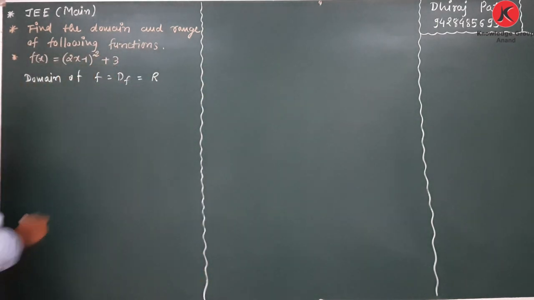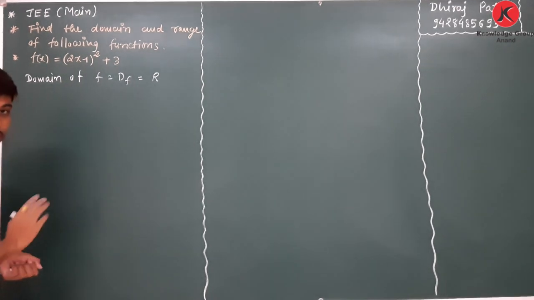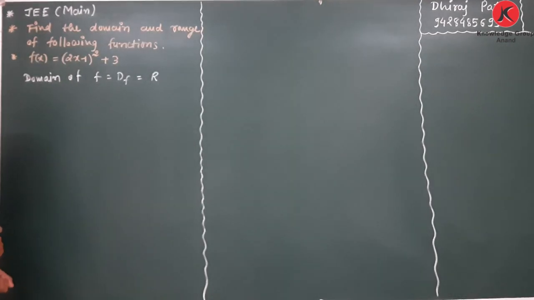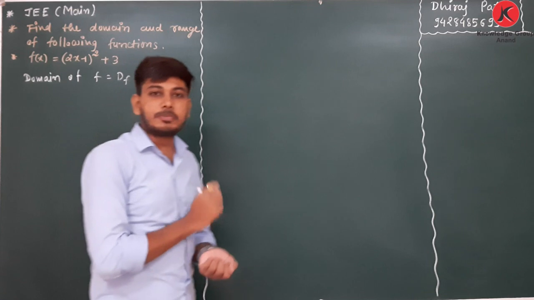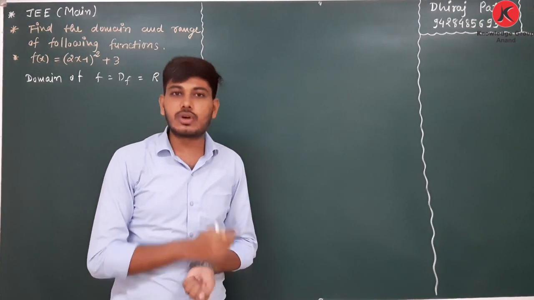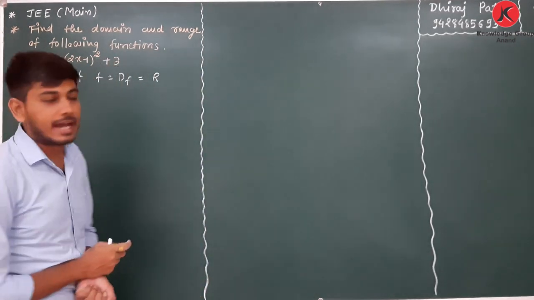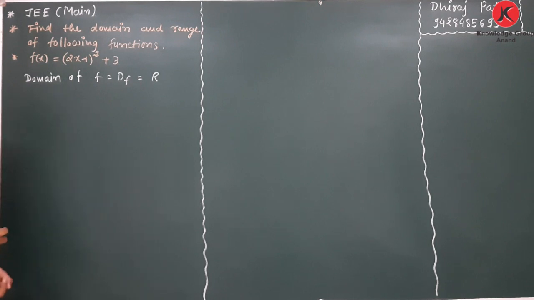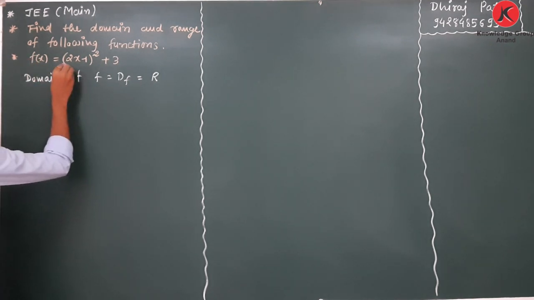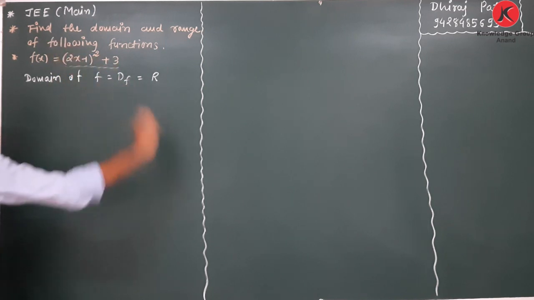Now, for finding the range of this function, we have to obtain the set of values of y or f of x. Means y equals f of x. We have to obtain the set of values of this function.